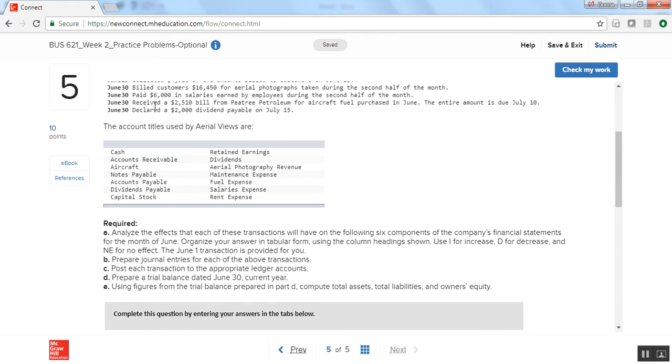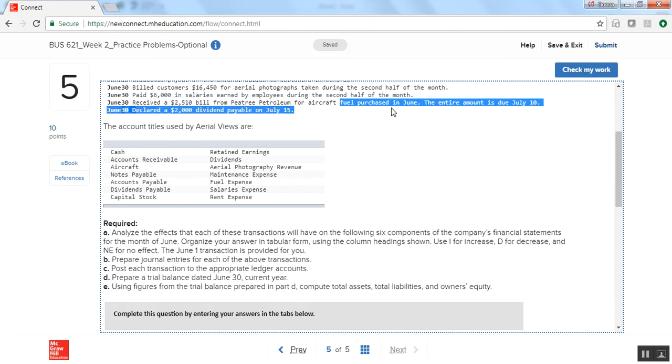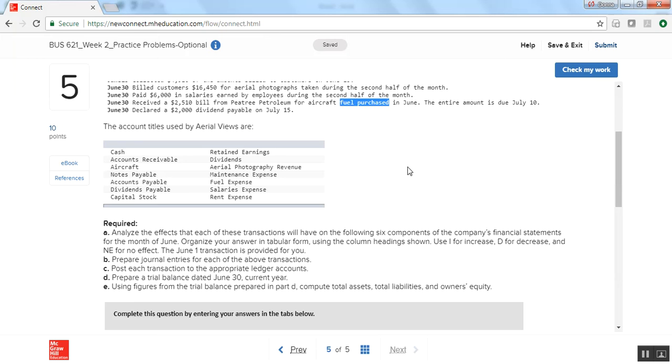All right. Received a $2,510 bill from Petrie Petroleum for aircraft fuel purchased in June. The entire amount is due July 10th. Okay, so we received the bill. It's going to be an expense because we bought this, right? We're purchasing something. A purchase is an expense.